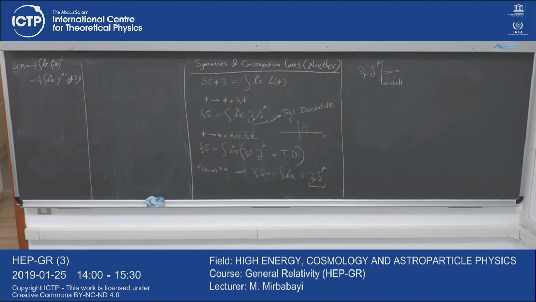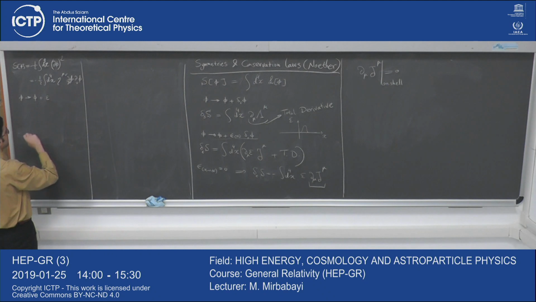Okay, so let's see what the symmetries of this action are. One symmetry of this action is if I shift phi by a constant, say by 1. Or maybe we want it to be a small variation, so let's call it epsilon, but epsilon is a constant.